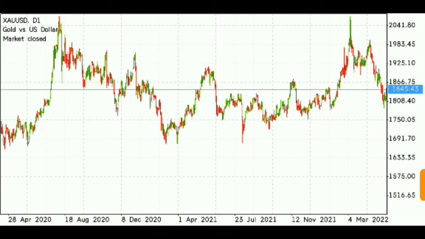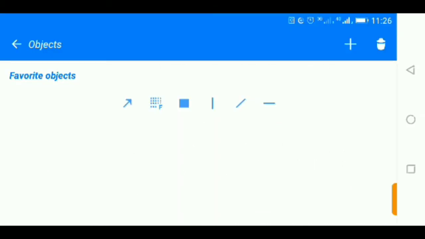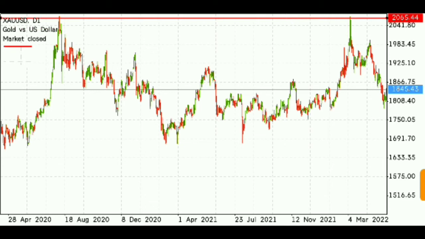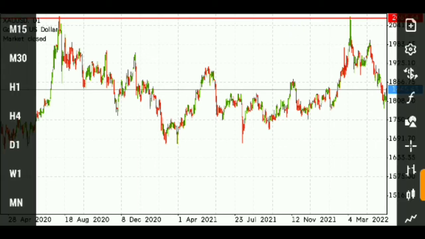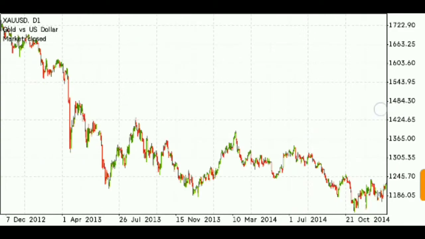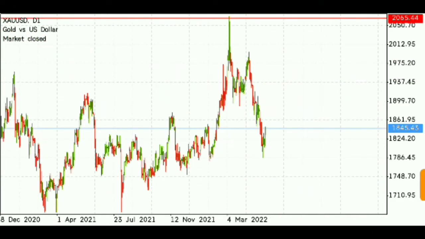Now going straight to draw it, I have an option to use a thin line. If I want to trace back in history, once I put this line right here, it goes all the way back to infinity. You understand?